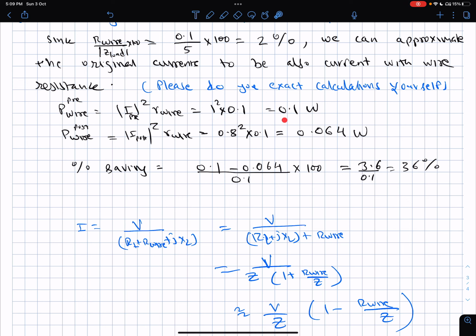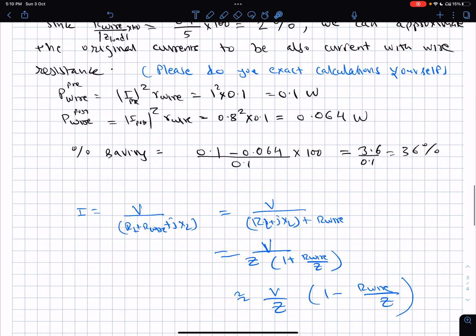Now the current has become 0.8 amperes. The wire resistance has remained the same. So 0.8 squared is 0.64, multiplied by 0.1, will become 0.064 watts. If you look at the percentage saving, the original losses minus the new losses, divided by the original losses, times 100, this will come out to be 36%.